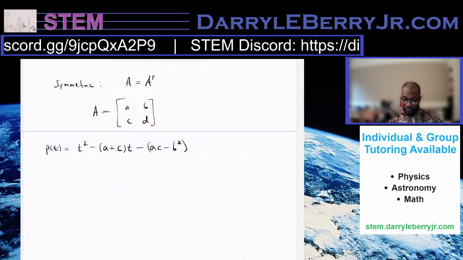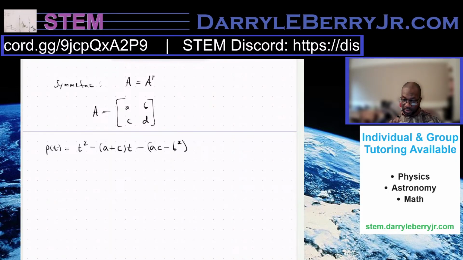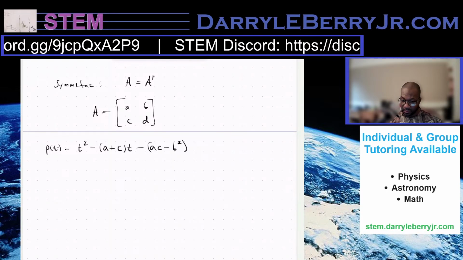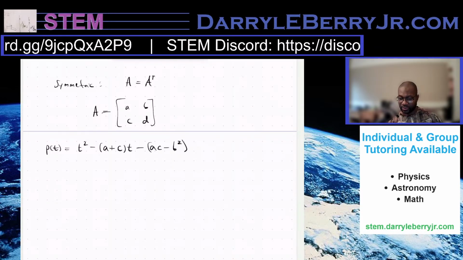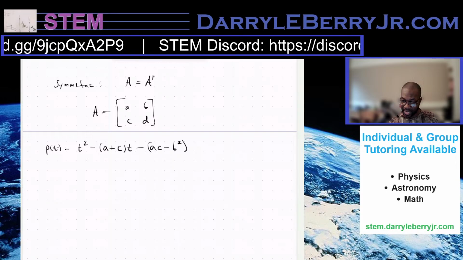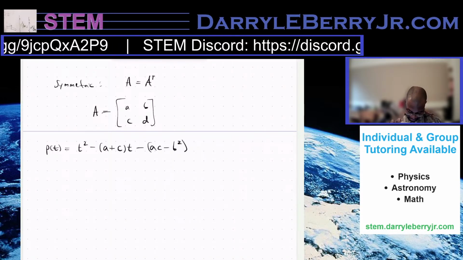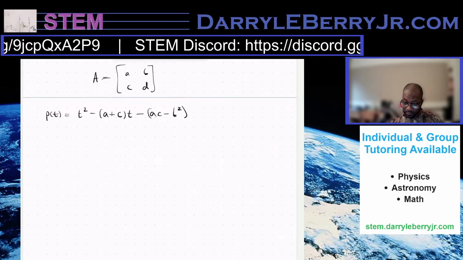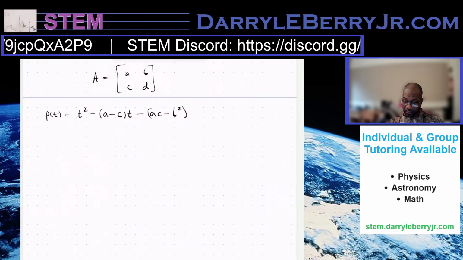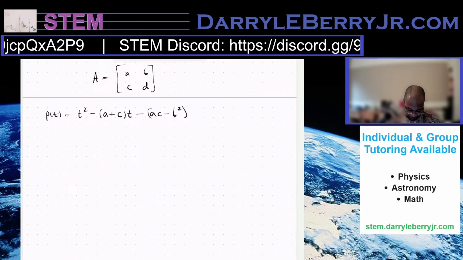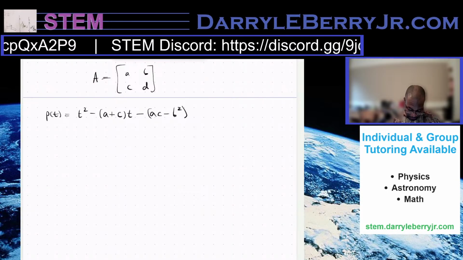The characteristic polynomial is p_A(t), which is det. Yeah, that's right. Det(A minus tI) is called the characteristic polynomial. So I guess this is a unique form of the characteristic polynomial.